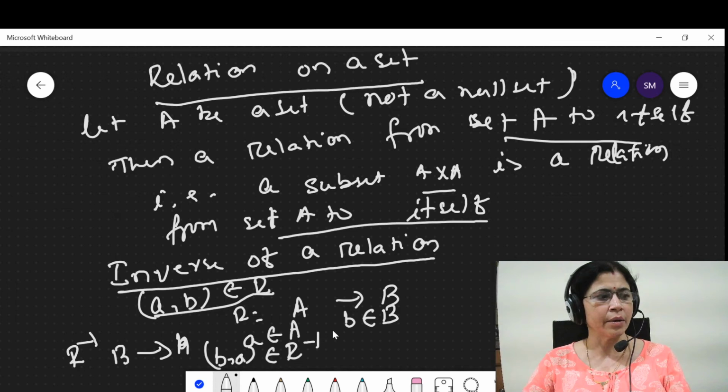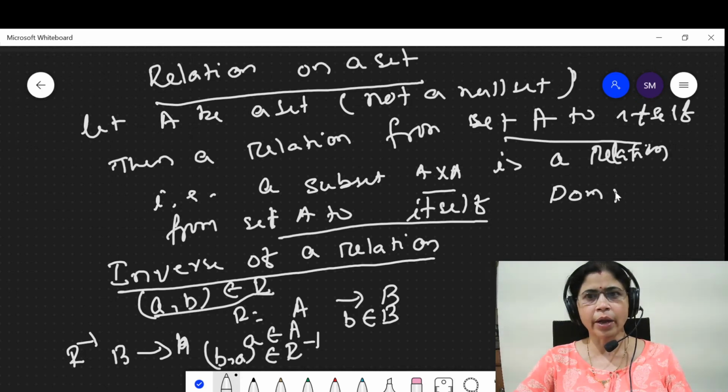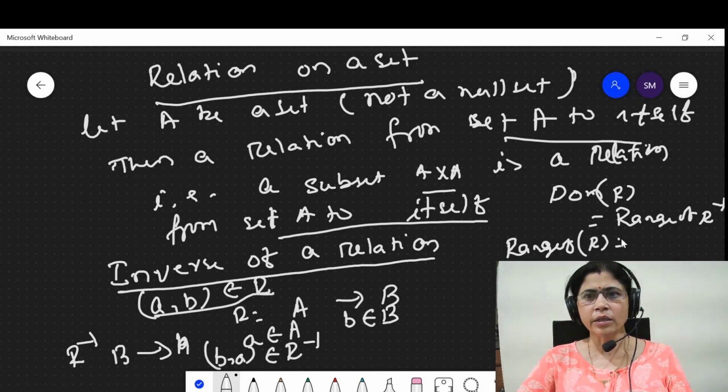This means domain of R is equal to range of R inverse, and range of R is equal to domain of R inverse.